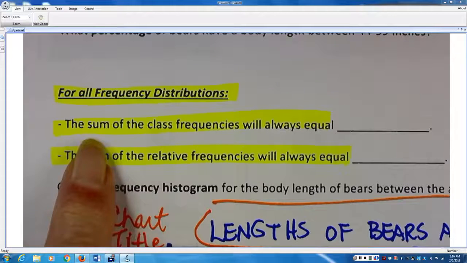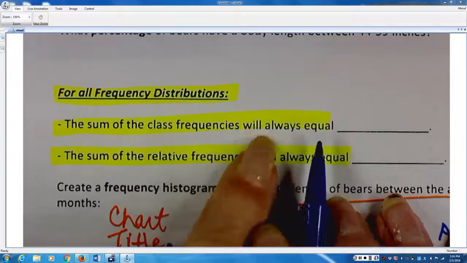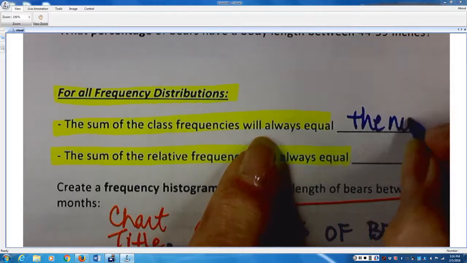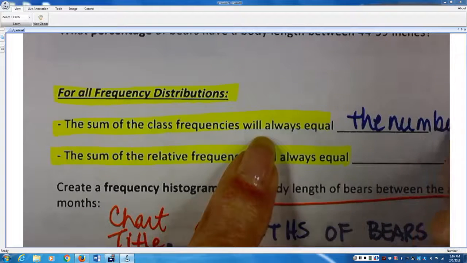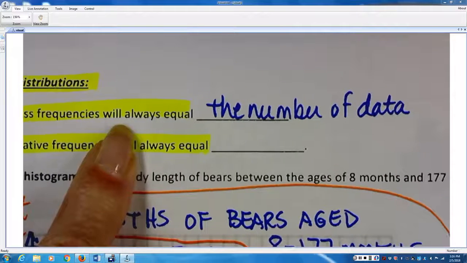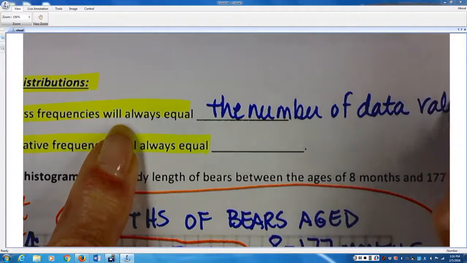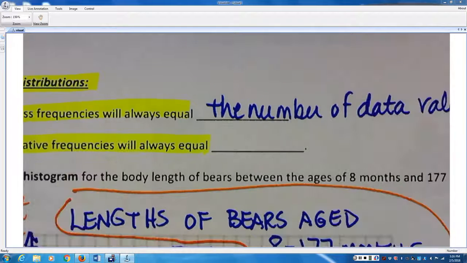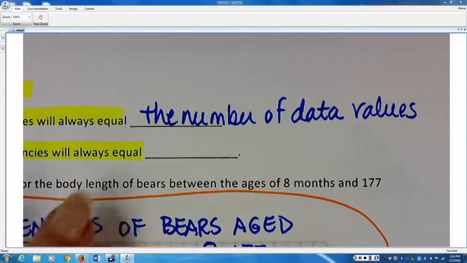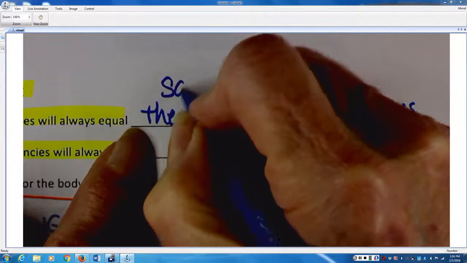The sum of the class frequencies will always equal the number of data values. Okay? That's also referred to as the sample size.